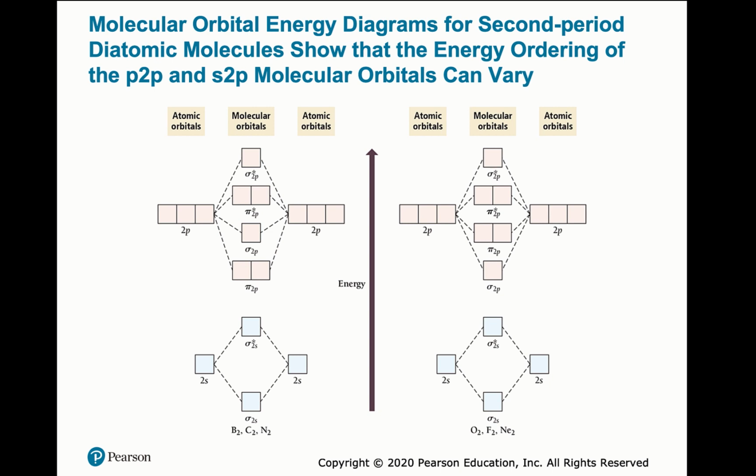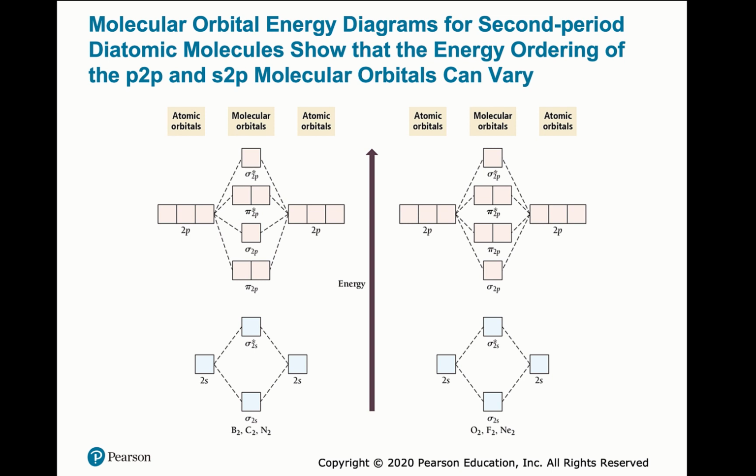And for boron, carbon, and nitrogen, which is the first order on the left, the pi bond is actually lower energy than the sigma bond for the p orbitals. For oxygen, fluorine, and neon, the sigma bond for the two p's is actually lower energy.